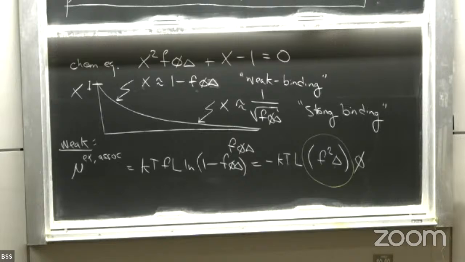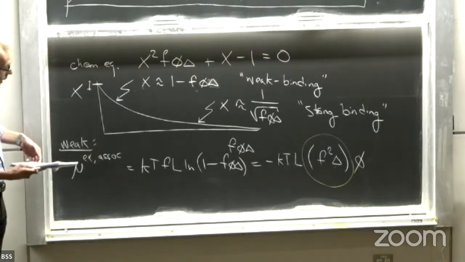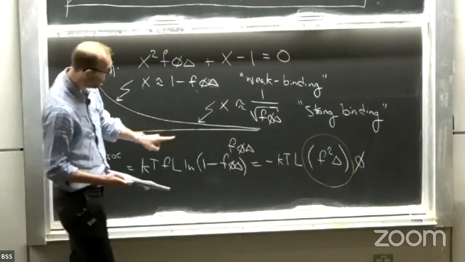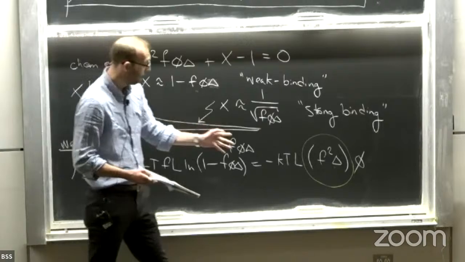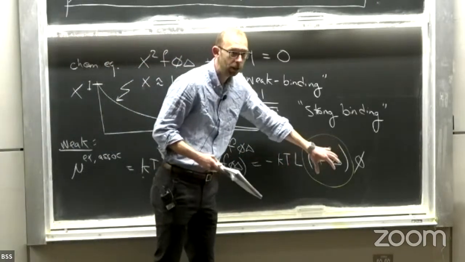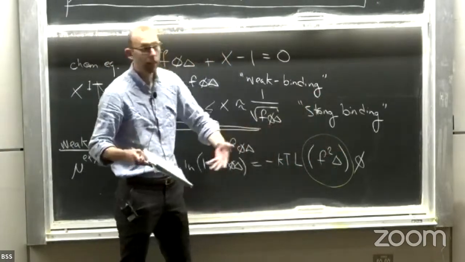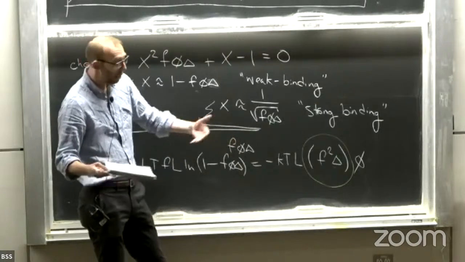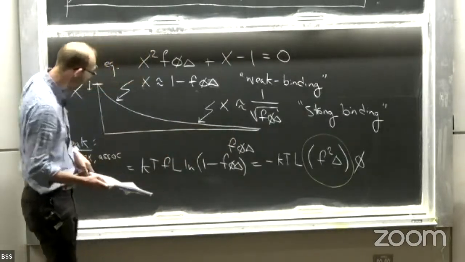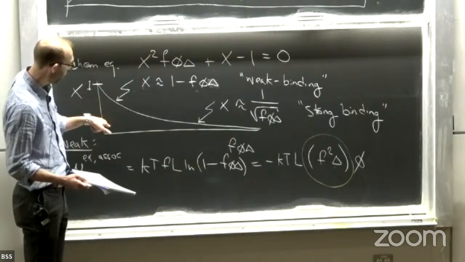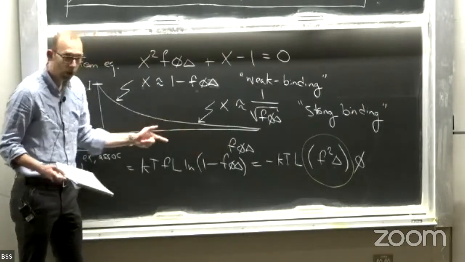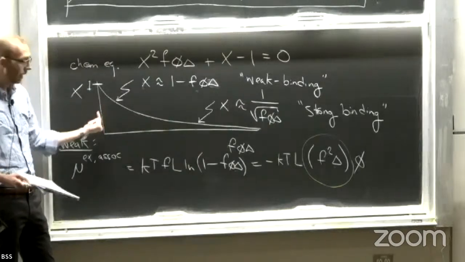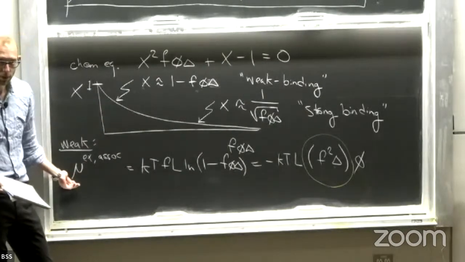Okay, so you can ask, when is this valid? And clearly you need to, according to the Flory model, you need to have a big enough effective chi parameter in order to be above the critical point and thus have phase separation. But at the same time, we can't violate the assumption that this F phi delta is small. Otherwise, we wouldn't be in this regime where we can use this expansion, right?